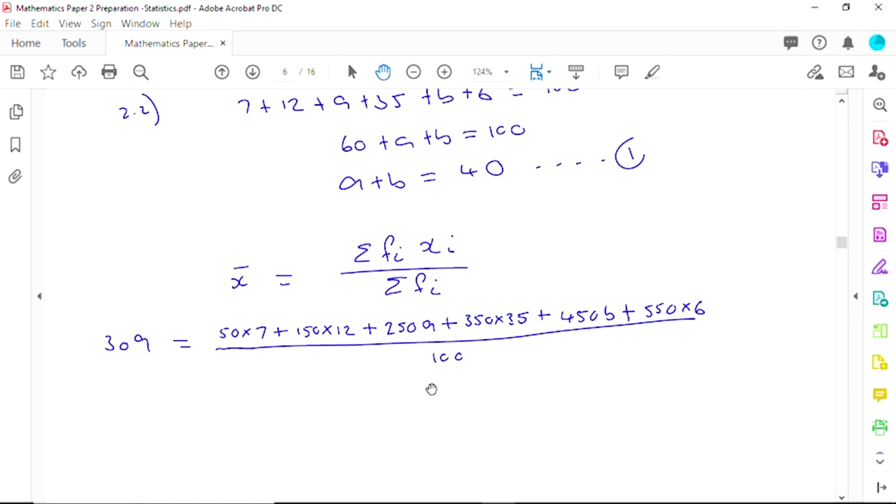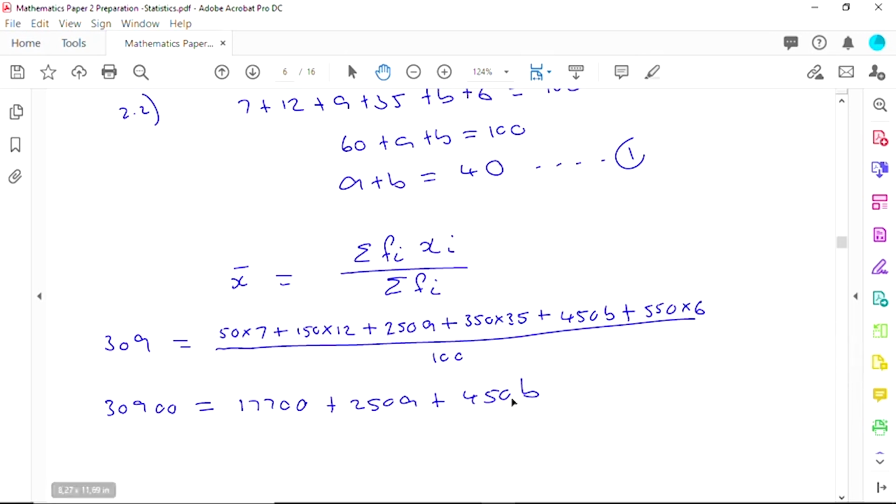So if we multiply both sides by 100 and add the like terms, we have 30900 is equal to, so we're adding these products, we should get 17700 plus 250A plus 450B.